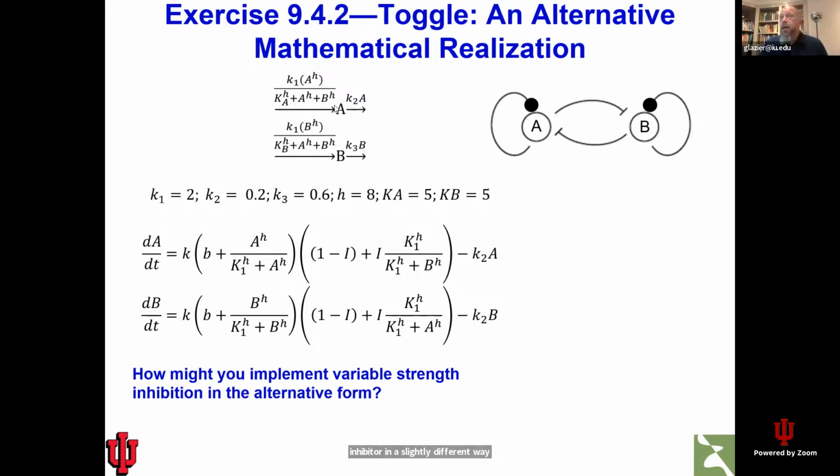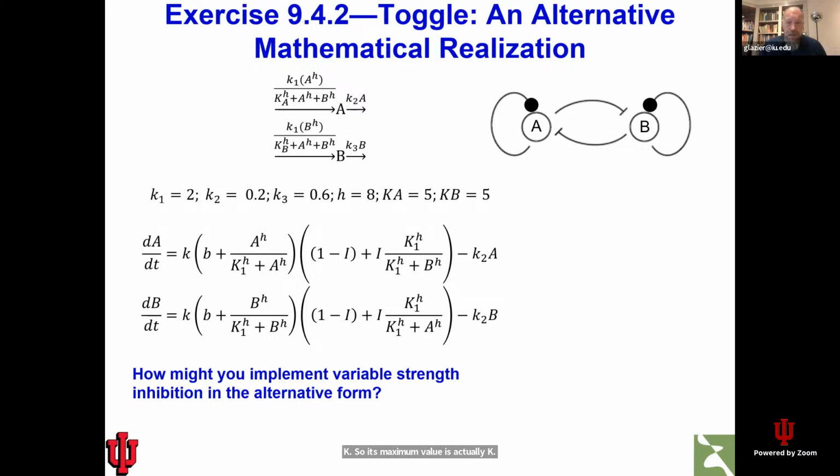Here, the rate of production of A is K1 times A to the H over the Michaelis or Hill constant to the H plus A to the H plus B to the H. Notice that this is also activating in A and inhibiting in B. And it also has the property that its maximum value is 1, K1, and its minimum, I've got to be careful because he doesn't have the K. So its maximum value is actually K1 divided by K A to the H.